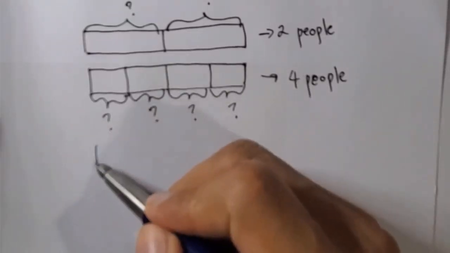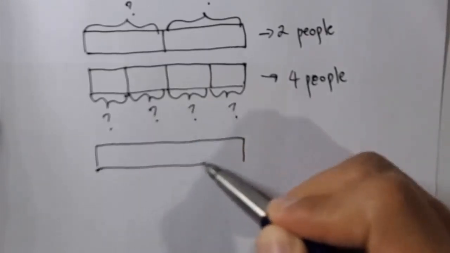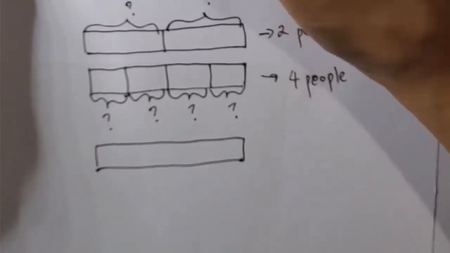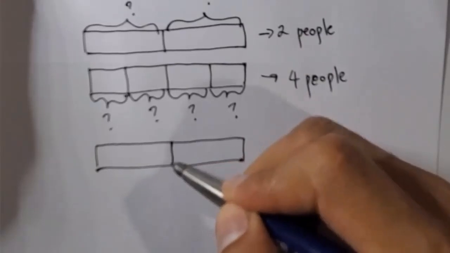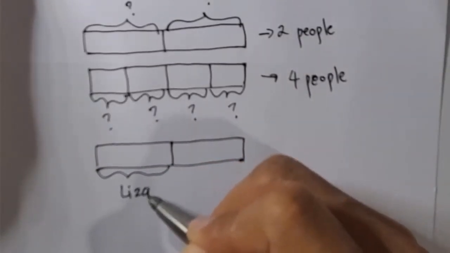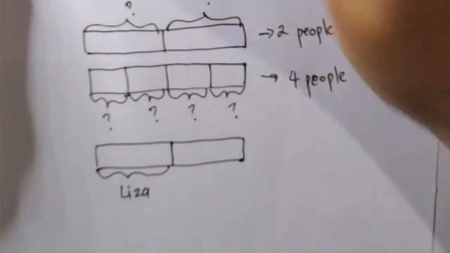So for example, if that's the same chocolate bar, according to the premise of the question, Lisa has 1/2 share of the chocolate bar. So let's get the 1/2 of that. This is for Lisa. And of course, you are asked what fraction of the chocolate bar do they get each?